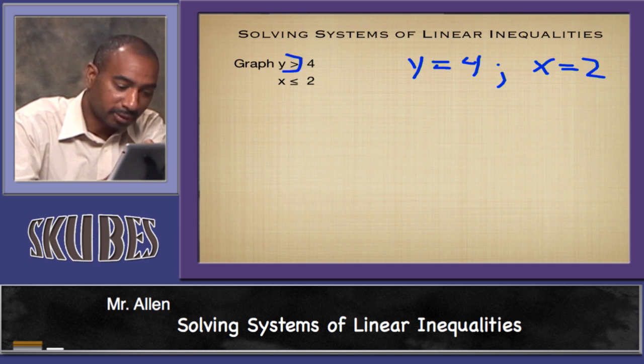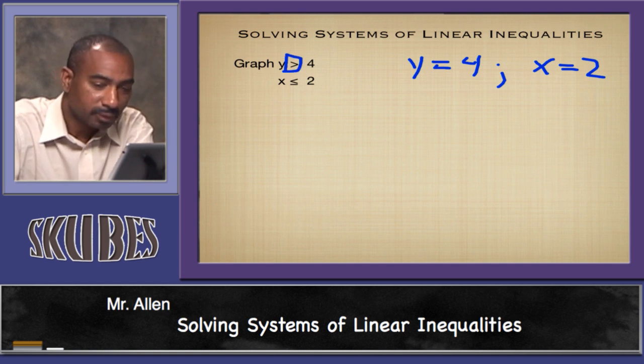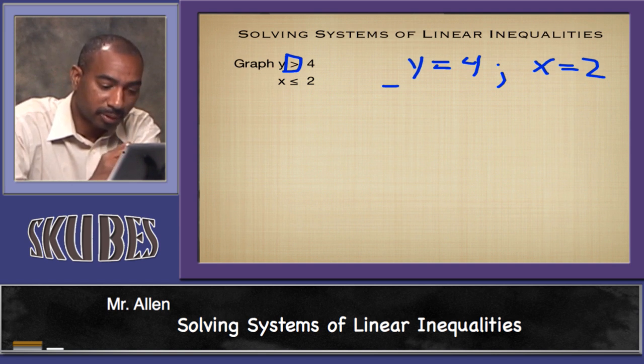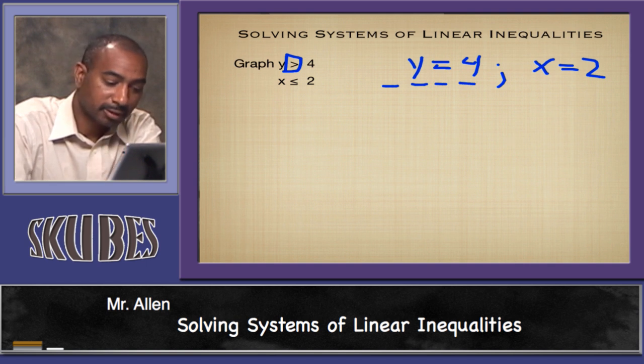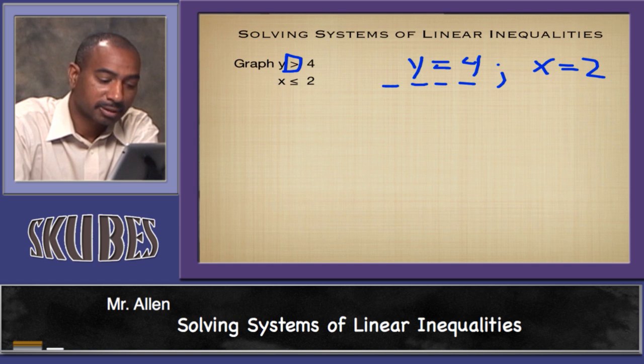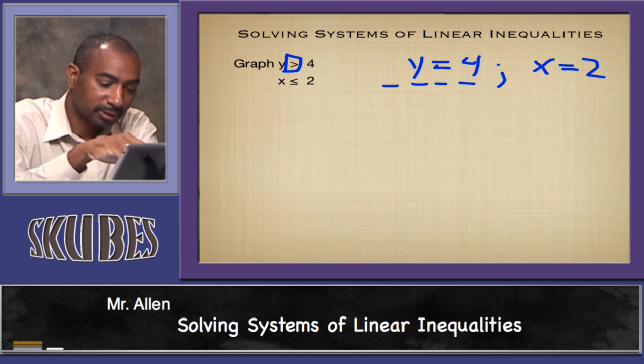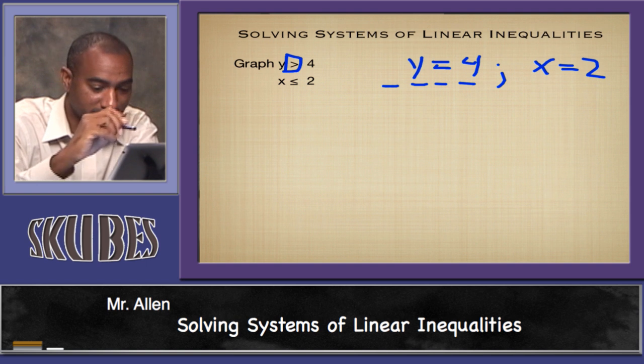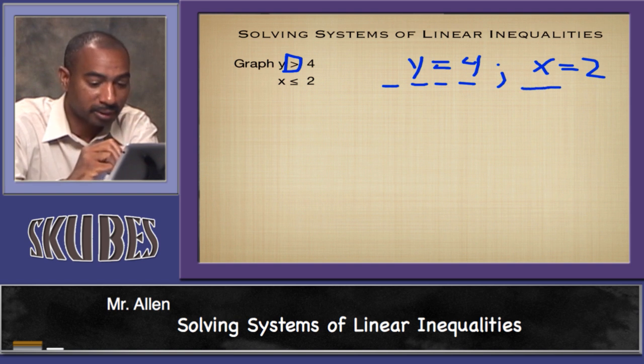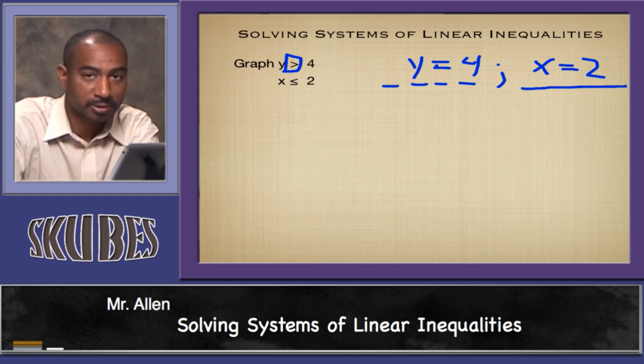We're not including numbers that are equal to 4 or less than 4, so we're going to use a dashed line to represent this line. And the second inequality, x is less than or equal to 2, includes ordered pairs where the x coordinate must be less than or could be equal to 2. So we're going to use a solid line because we're including all points that have an x coordinate of 2.